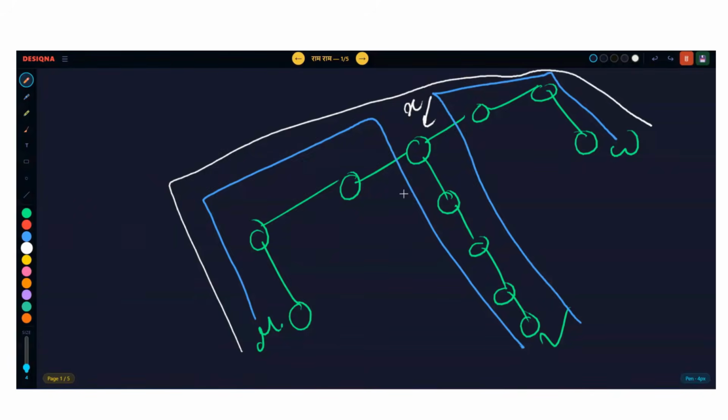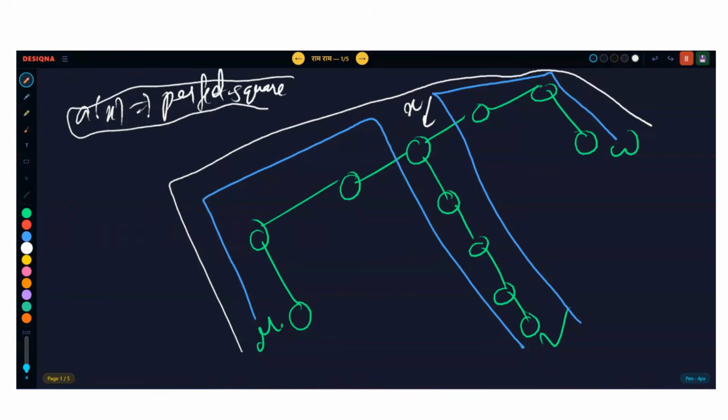This random node X, the fate of this path depends on this random node X. If a of x is a perfect square, then this T-shaped path will also be a perfect square.